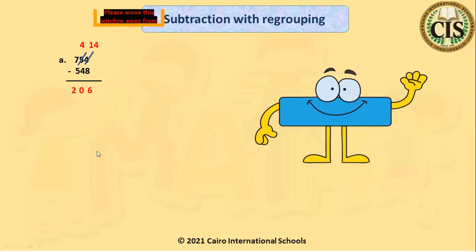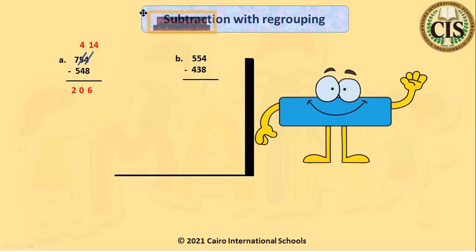Very good, Farah, Hala, Omar Hussein. All of you excellent. Number 2, 554 minus 438. Who can help me to solve this one? Who can help me?